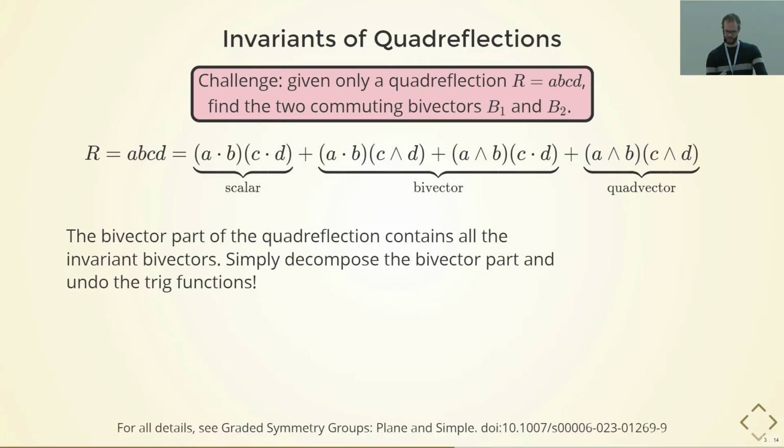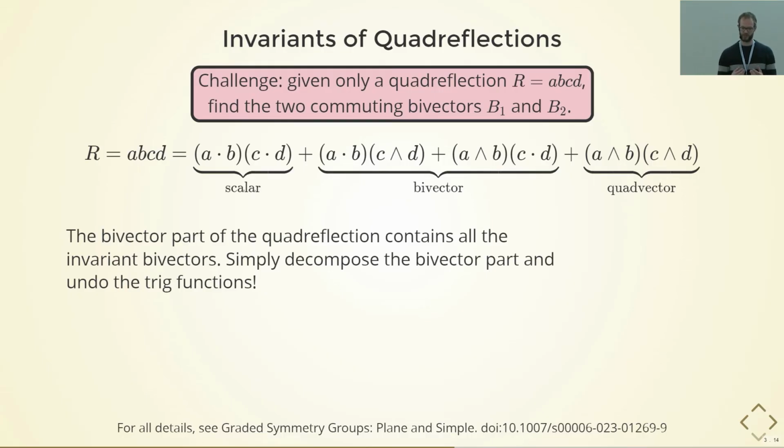Again, details, if you want to be more rigorous, are in the paper. So now I can address the original problem. What are the invariant quantities of this quadreflection? So I have the product of 4 reflections, and I want to find these b1 and b2. So we know that the product of 4 reflections will always give a scalar part, a bivector part, and a quadvector part.